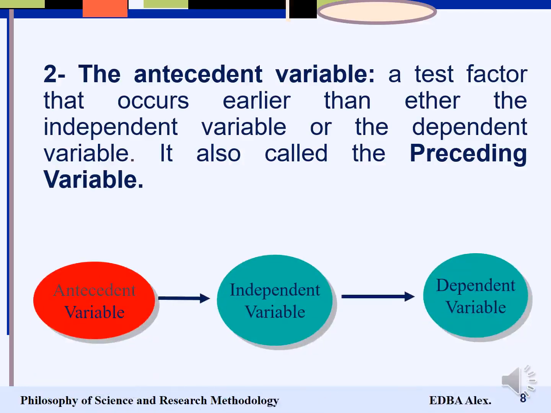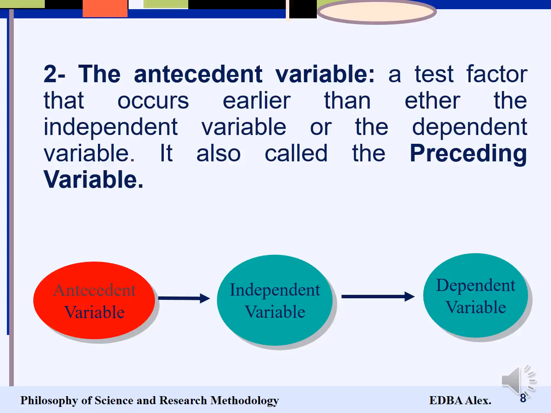Look at this relationship. We may take the same example here. This is the observed relationship, the relationship between the number of working hours and the consumption level. Here the antecedent variable in this case will be the working hours.